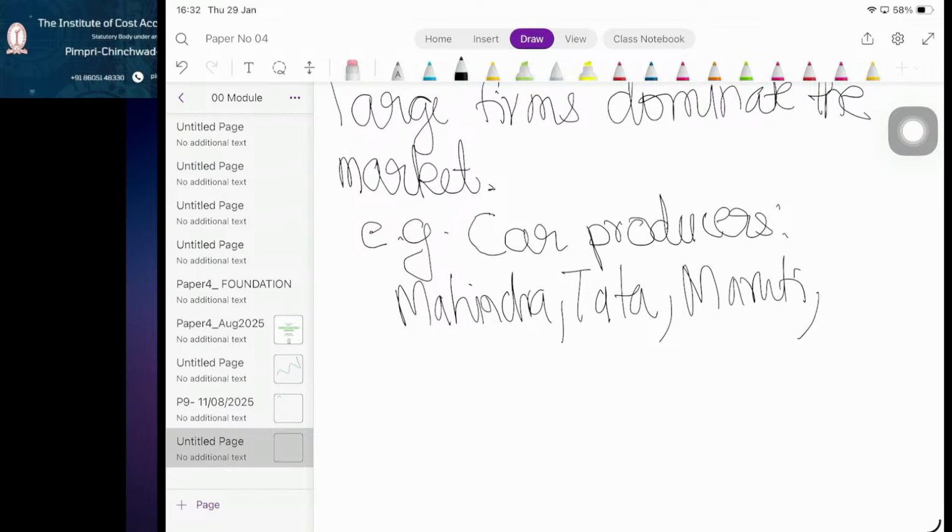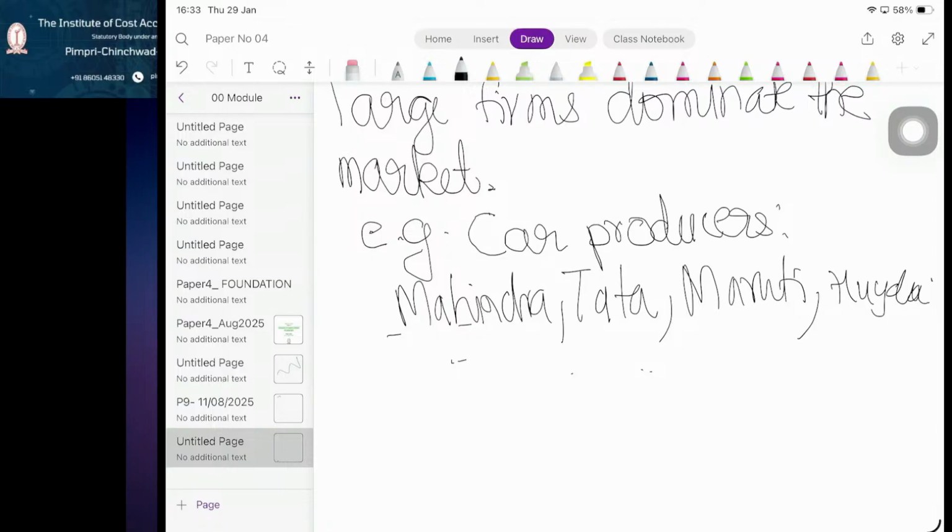Then we have many foreign companies, but their share is not very large. Like we have Volkswagen, Skoda. These exist but their market share is small, not that much. Hyundai is one of the big players. So only 5-6 players are there in the market.